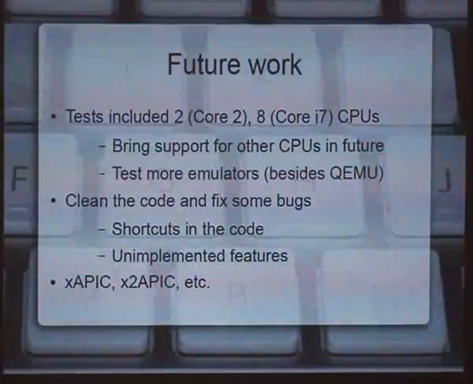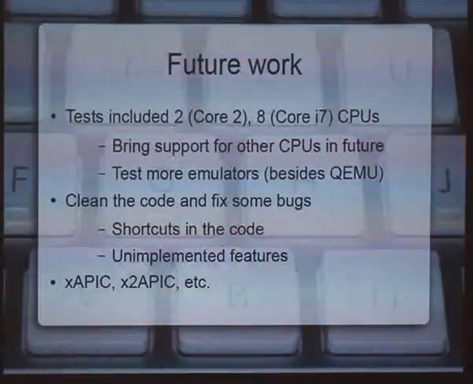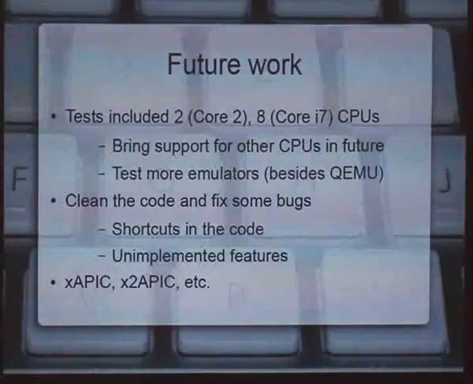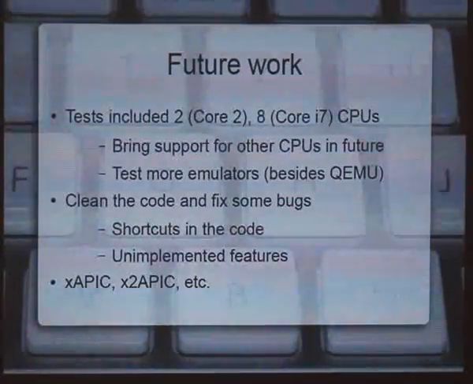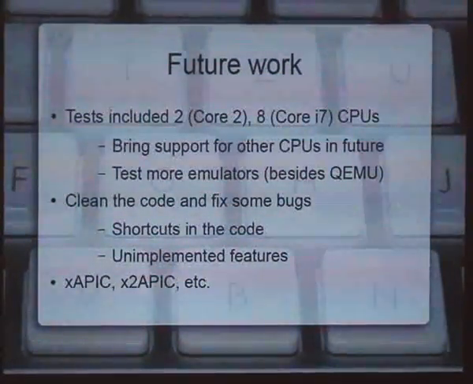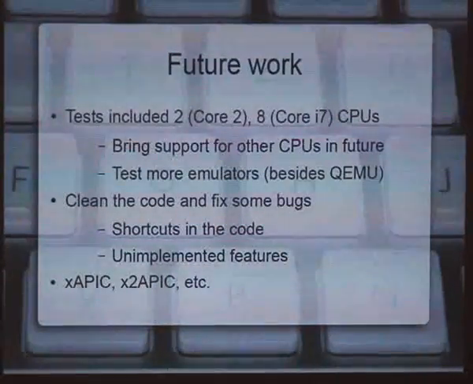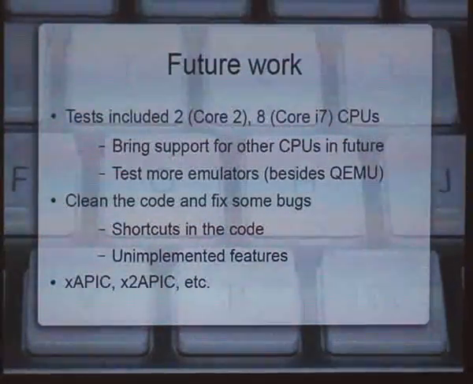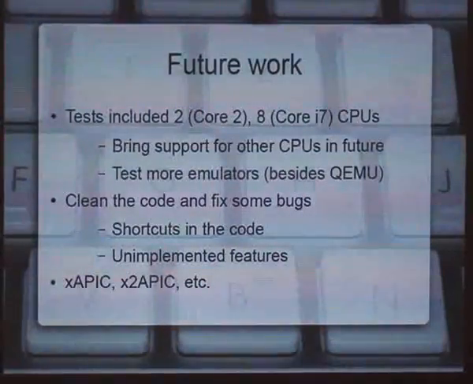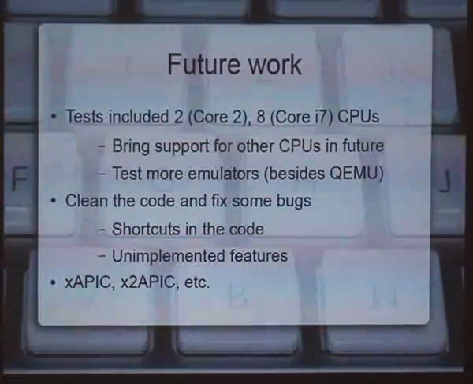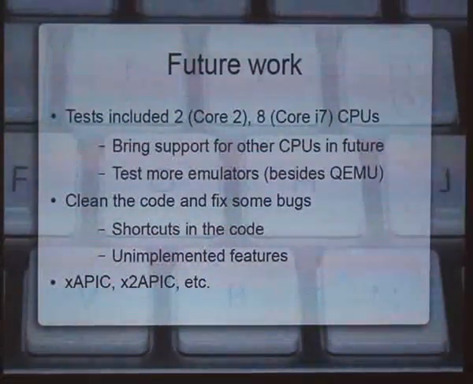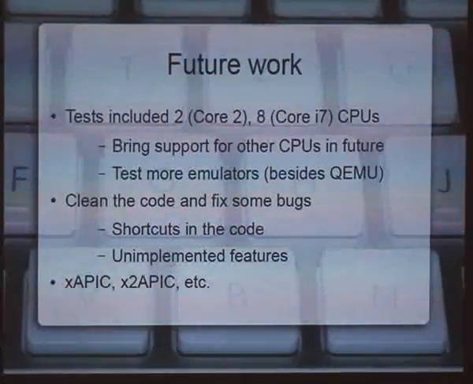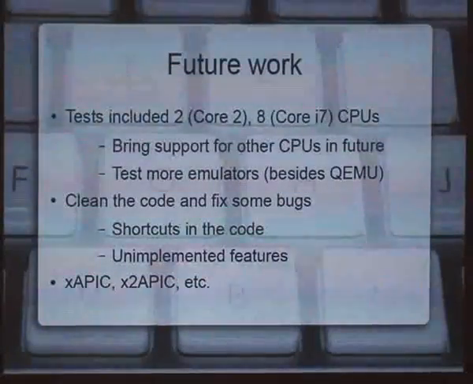They were physical ones, and Core i7 has 8 CPUs. 4 of them are physical and the other 4 logical. They're hyper-threaded. I'm planning to bring support to other CPUs in the future. I haven't tested on any AMD system, I don't know if it even works, and test more emulators, and of course clean the code and fix some bugs, one of them being the interrupt that I haven't managed to get working thus far.